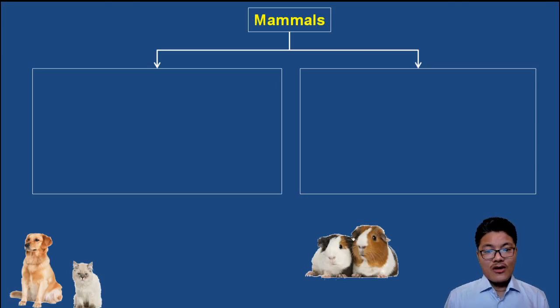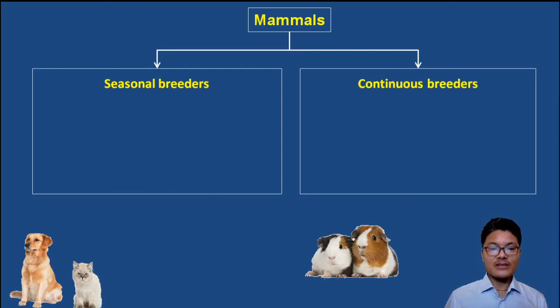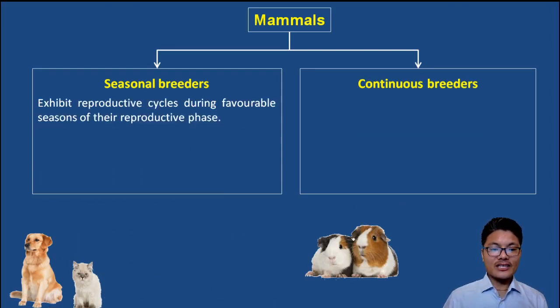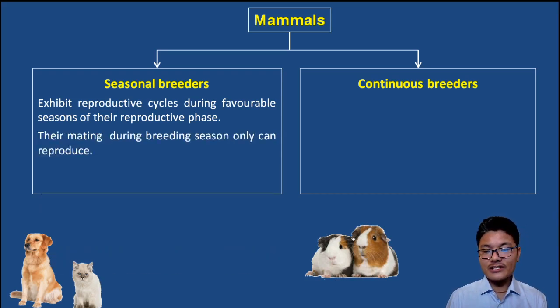Now, mammals can be seasonal breeders as well as continuous breeders. Seasonal breeders show reproductive cycles only during some favorable seasons. But continuous breeders are not like that, right?